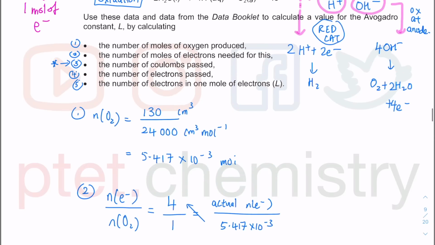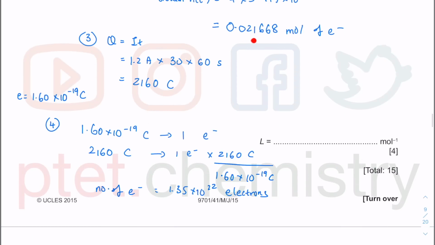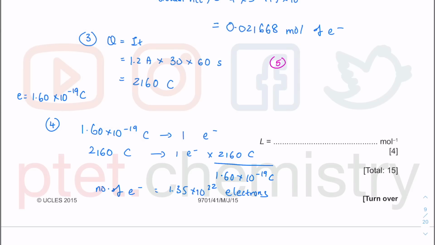Last but not least, what do I need to do? I need to get the number of electrons in 1 mole of electrons. So we know that this is the mole of electrons, and this is the number of electrons.